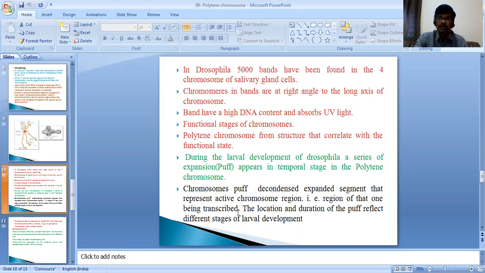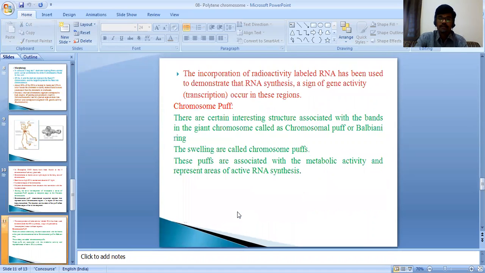The location and duration of the puff reflect different stages of larval development. The incorporation of radioactively labeled RNA has been used to demonstrate that RNA synthesis, related to gene activity, transcription, occurs in this region. Which region? That's the chromosome puff.